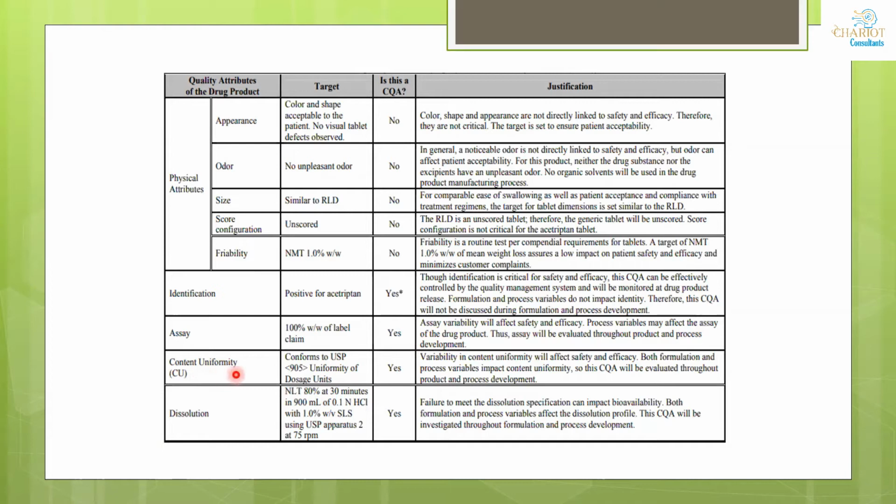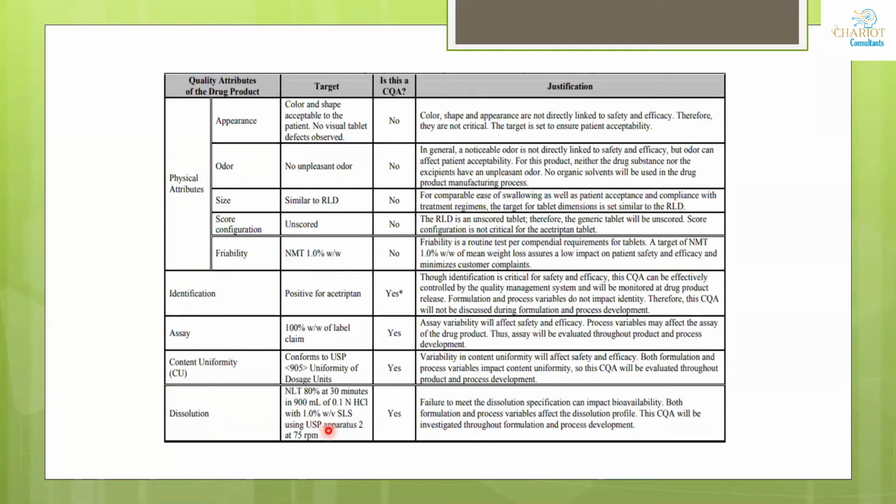The content uniformity. Content uniformity is very important, because unit to unit variability will be there if you have issues with your content uniformity. So you will say that this is a very critical point for me, and it will affect the safety and efficacy to the patients. Dissolution.